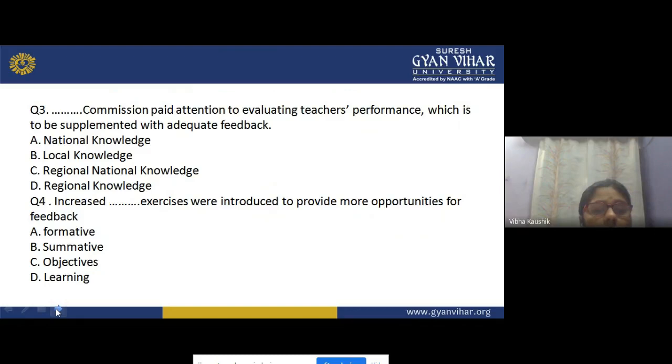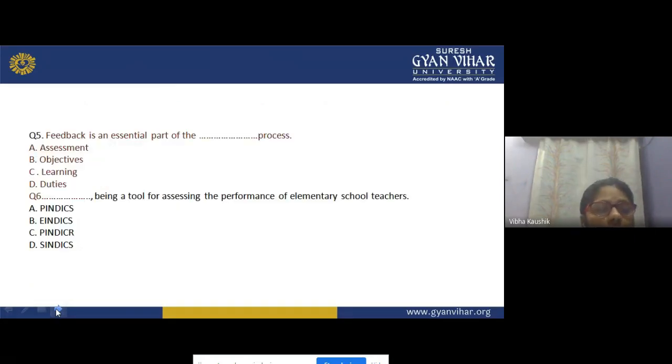The fourth one: increased dash exercises were introduced to provide more opportunities for feedback. A is formative, B summative, C objectives, and D learning. So increased formative exercises were introduced to provide more opportunities for feedback. Now the fifth one: feedback is an essential part of the dash process. A, assessment; B, objectives; C, learning; D, duties. The correct answer is assessment.